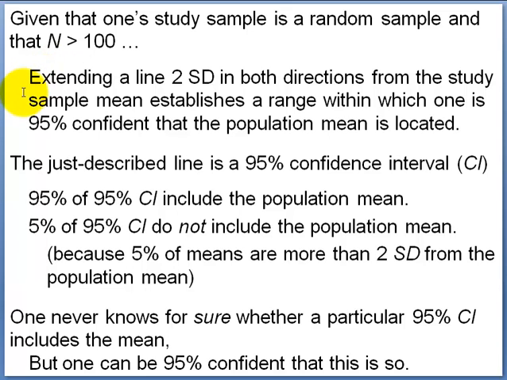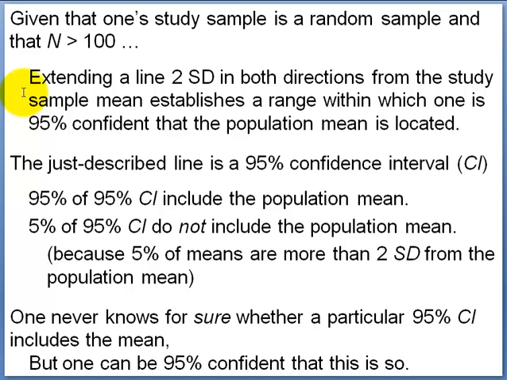So we know that for 95% of samples, extending the line 2 standard deviations includes the population mean. In other words, we're 95% certain for each given sample that such a line includes the population mean.